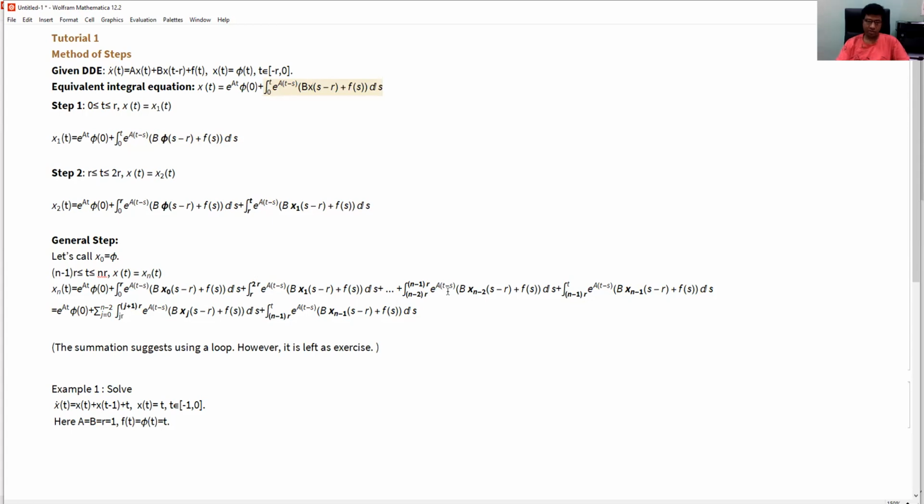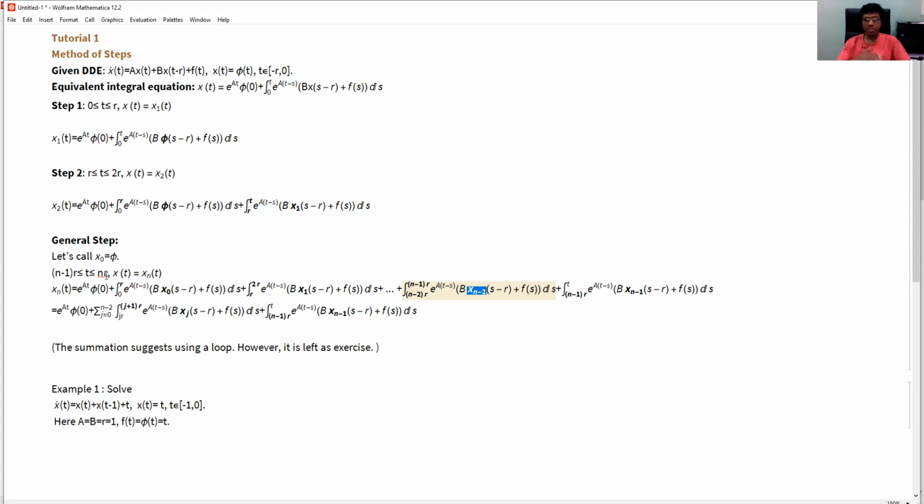Our second last term will be integral with limits from (n minus 2) r to (n minus 1) r, and we replace x by x suffix n minus 2. So you can verify with other steps also. And last term will be limits from (n minus 1) r to t. Here t is between (n minus 1) r to nr.